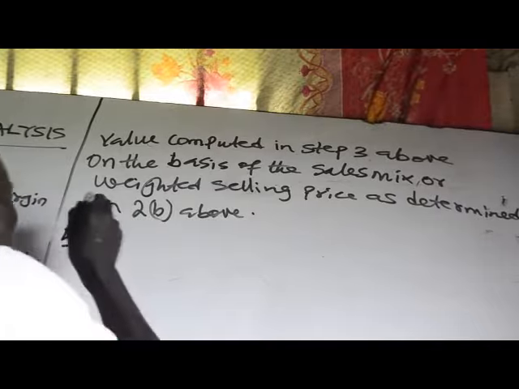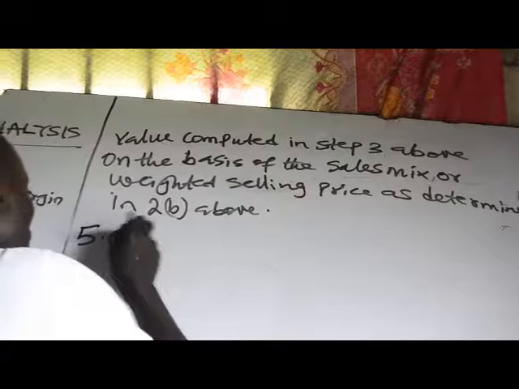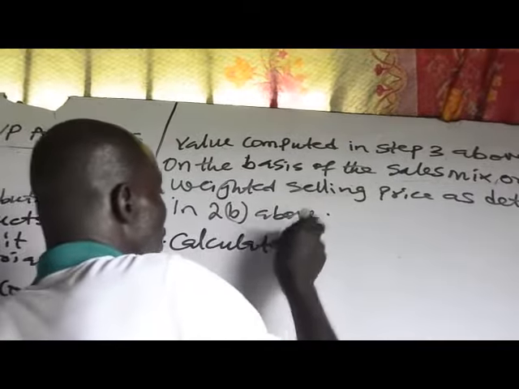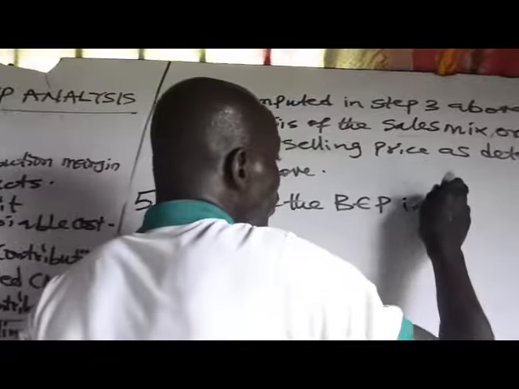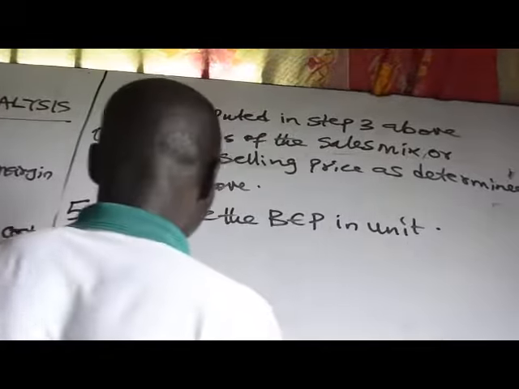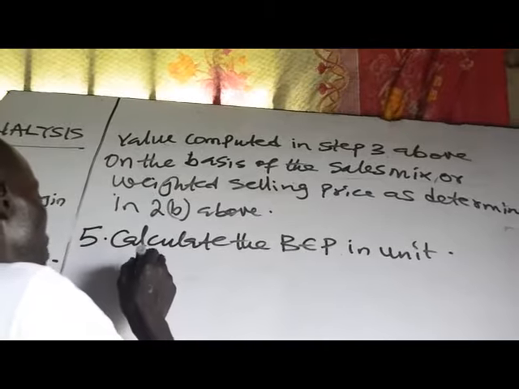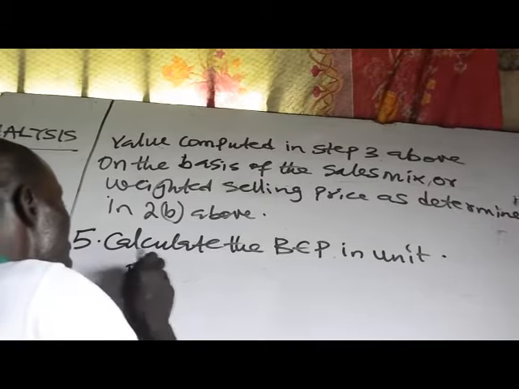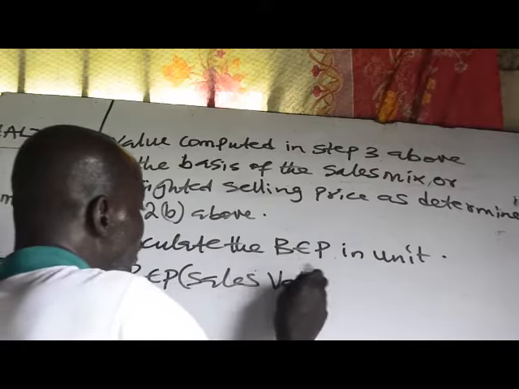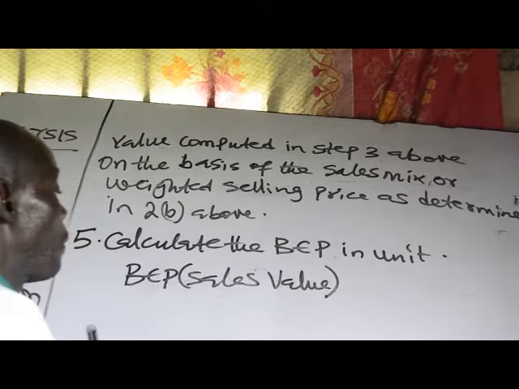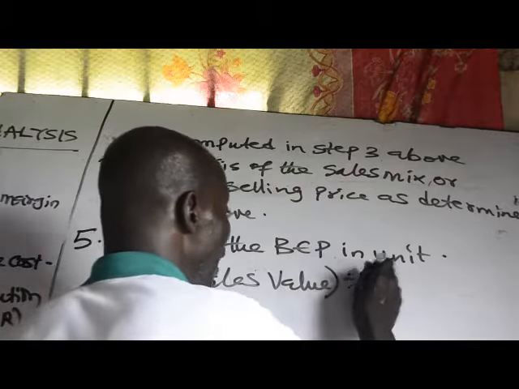Finally, step 5, you calculate the break-even point in units. To calculate your break-even point in units for each of the products, you divide the BEP in sales value as obtained in step 4 by the unit selling price.